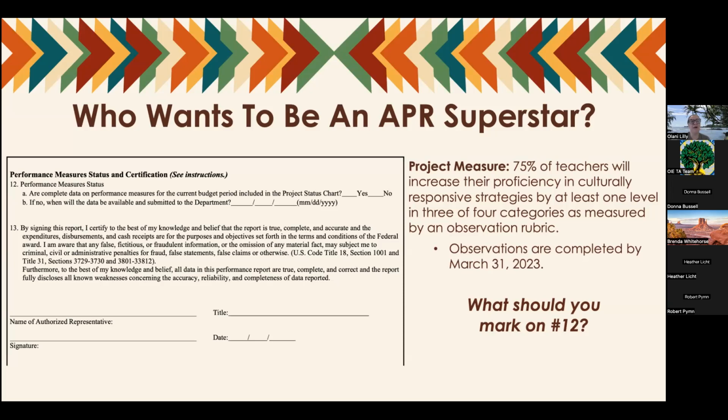What should I mark on number 12? Yes or no? All right, I see you guys are all reporting in there. This is a little tricky. Again, remember, think about your reporting period. The observations are completed when, and now I have that information. Can I report it in this APR?